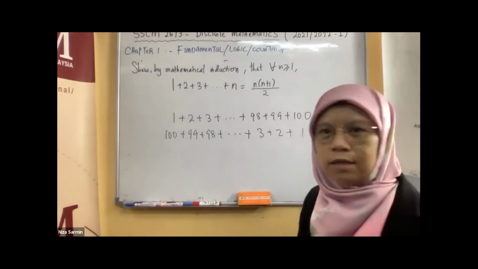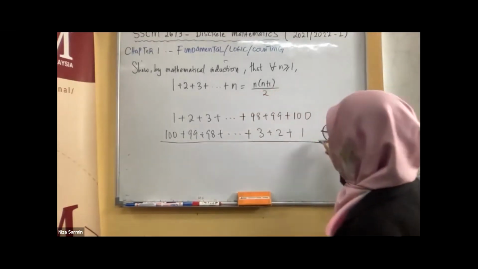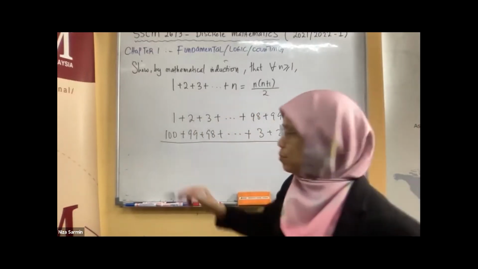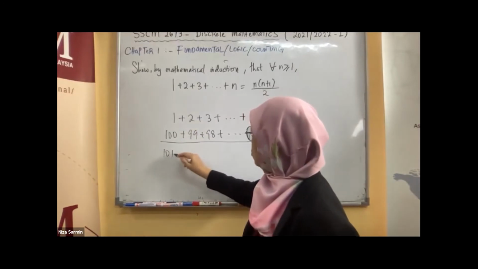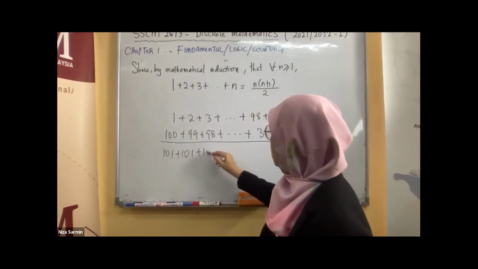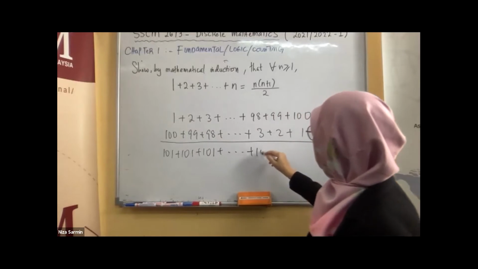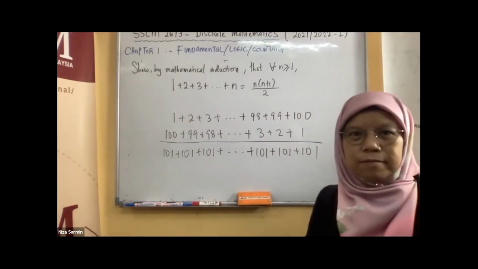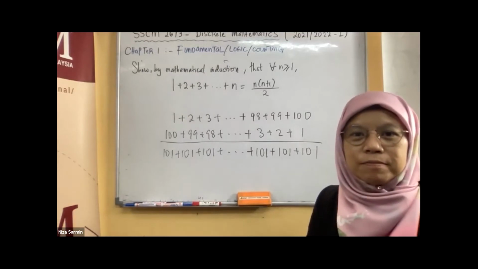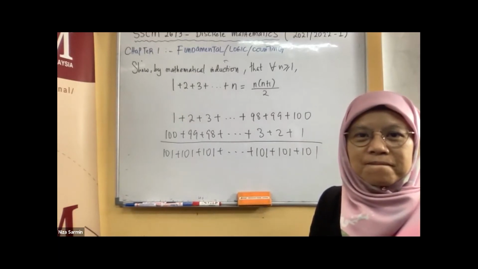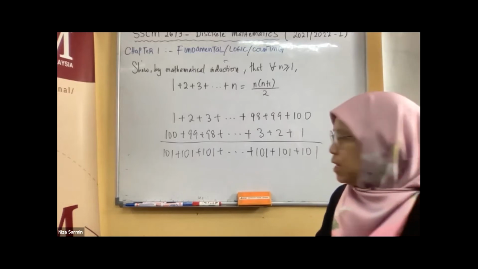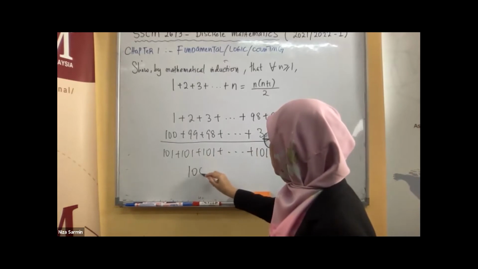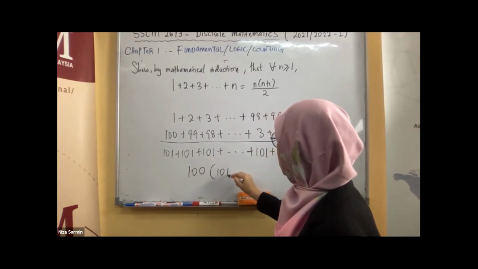And then he added, what do you get? The matching ones. 101, 101, 101, right? How many 101? 100 of them, right? 100 of 101.